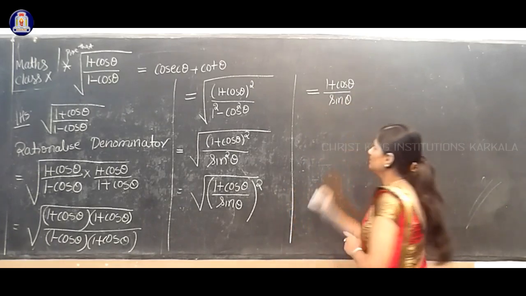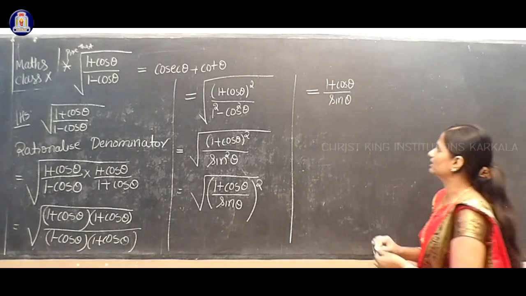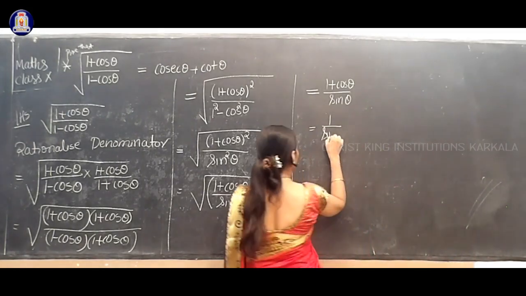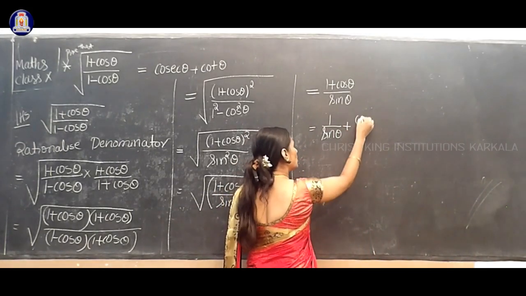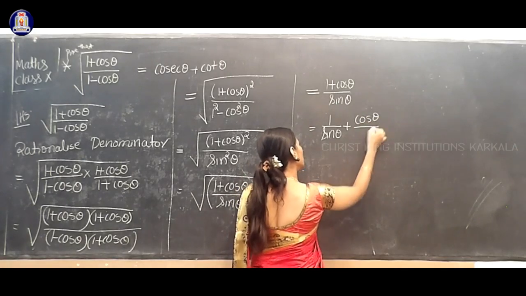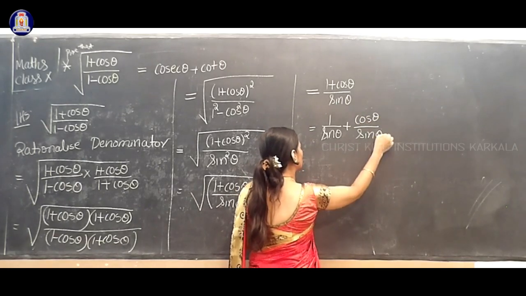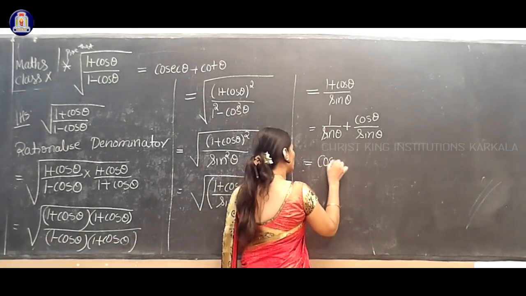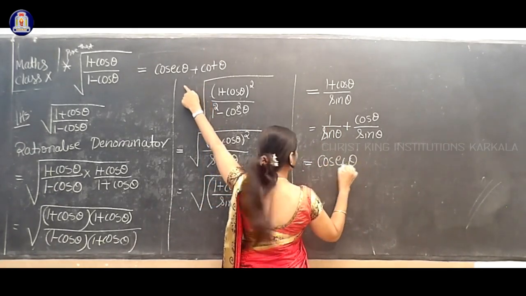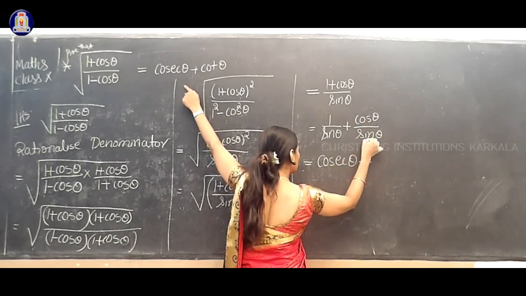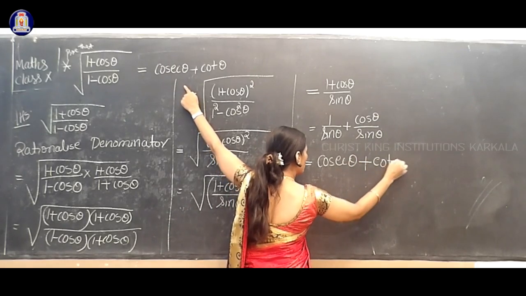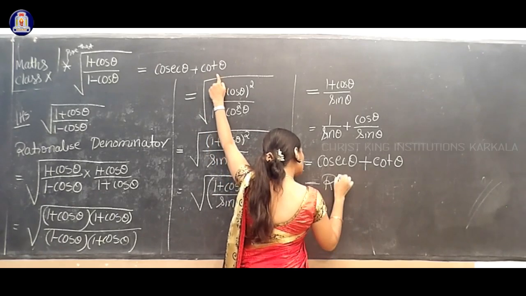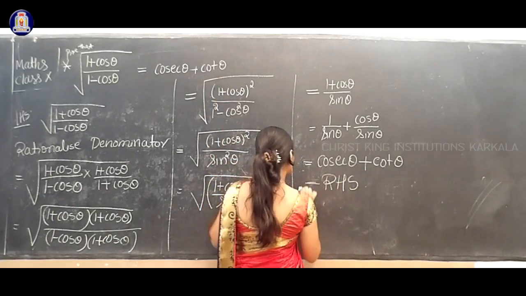So if it is in this form, how to write? Splitting that, it is 1 divided by sin theta plus cos theta divided by sin theta. 1 divided by sin theta is cosecant theta we got, plus cos theta divided by sin theta is cot theta, which is equal to the RHS side.